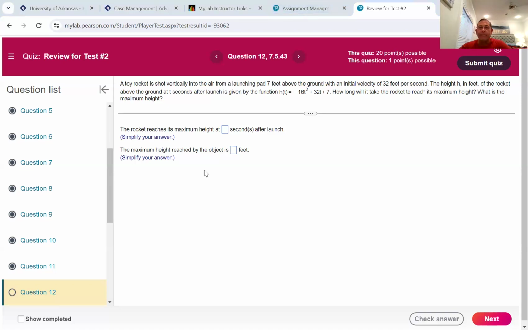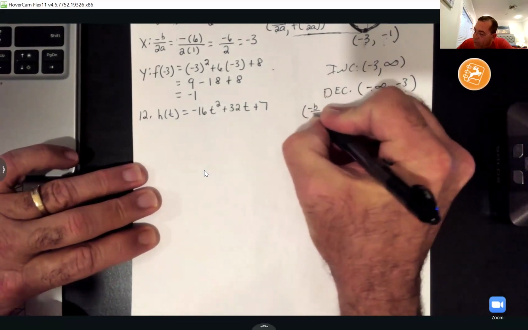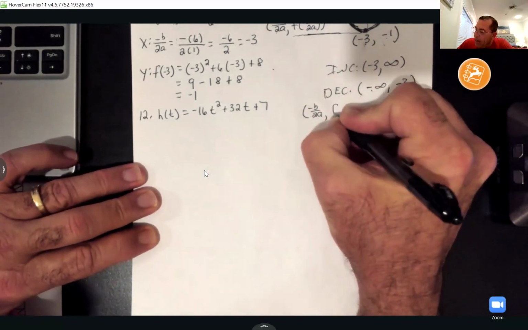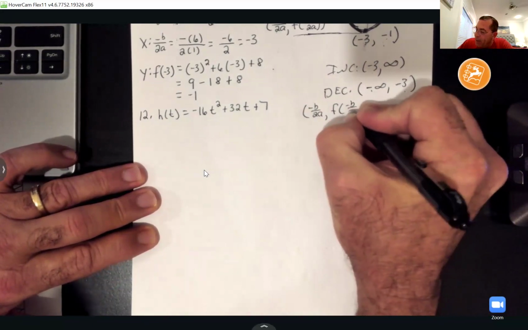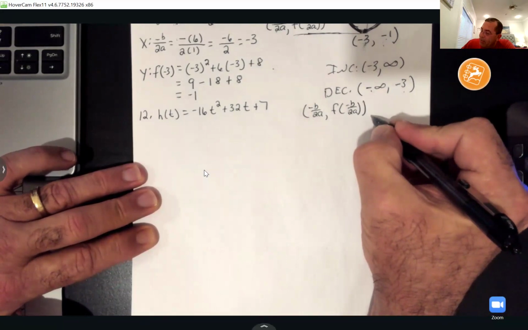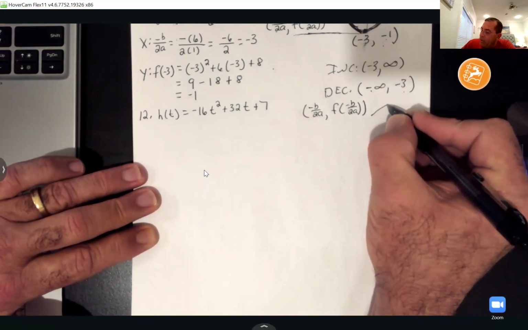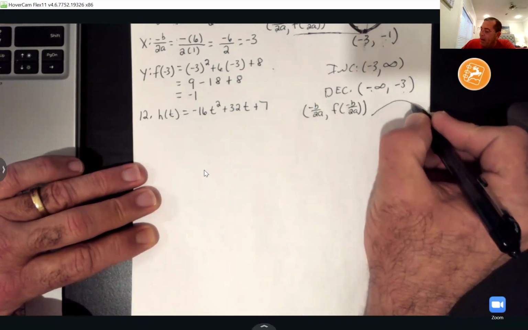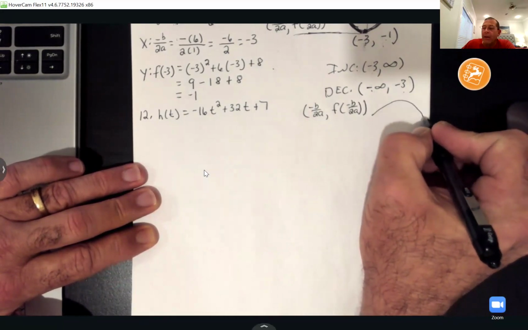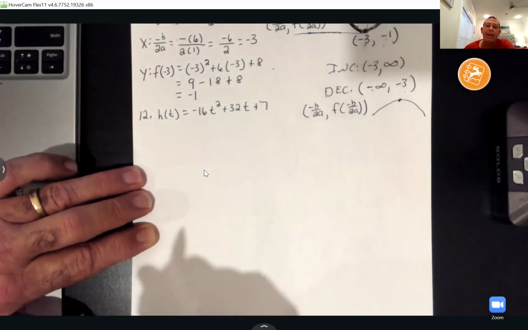So I'm going to use my vertex formula, negative b over 2a, and then f of negative b over 2a. Because y'all, what I got is my rocket. It's going to go up in the air. It's going to reach a maximum height, and then it's going to come back down. So we're looking for that maximum height and how long it took.